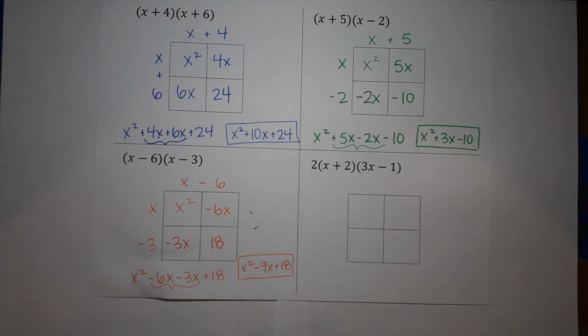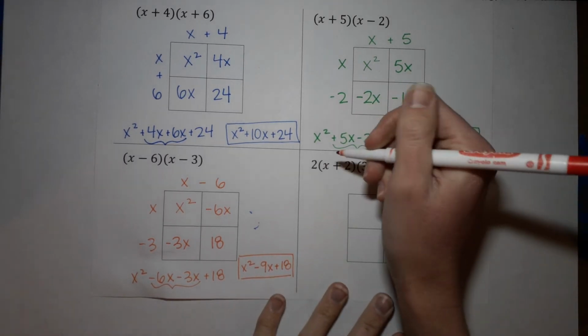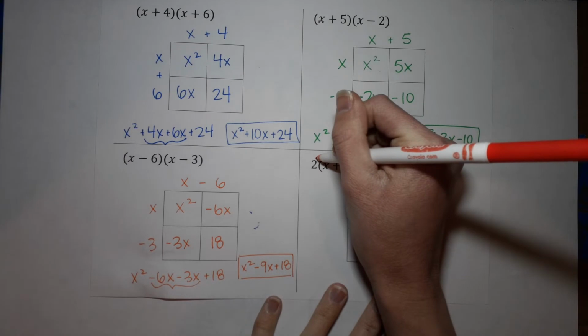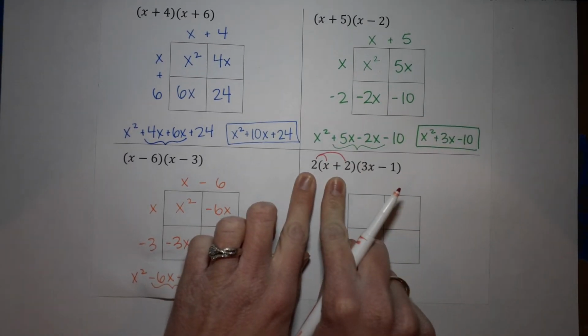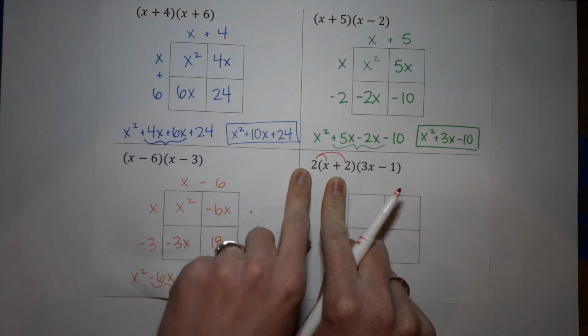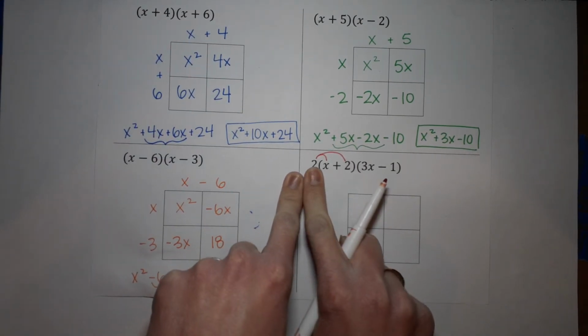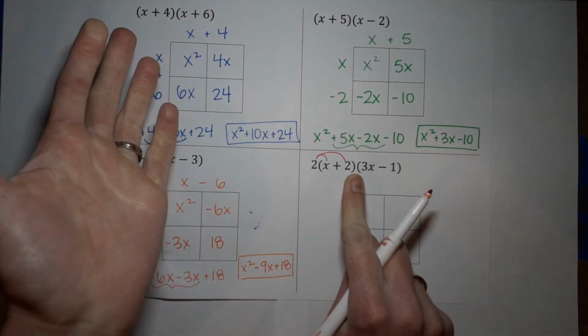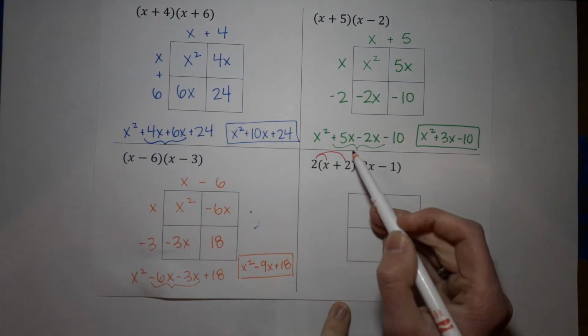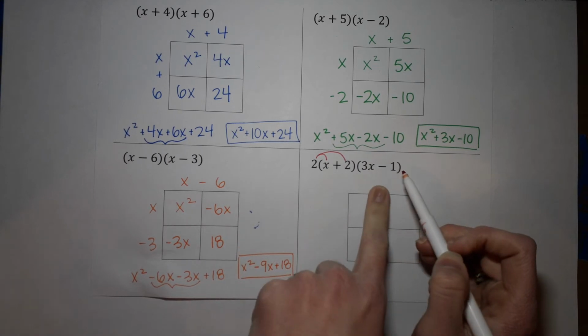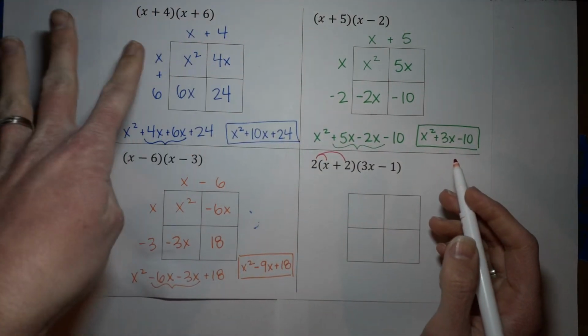I am going to first distribute this 2 in. Okay, this is being multiplied to this. Just like these, it just doesn't have anything else being added onto it, so we still just distribute it in. Now, you might wonder, why am I not distributing it also here? Good question. Very good.